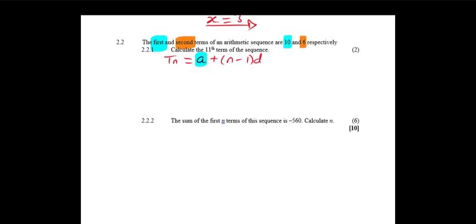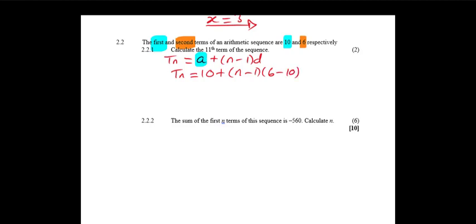Now the nth term is equal to 10 plus n minus 1 times d, but we calculate the 11th term of the sequence. Since it's an arithmetic sequence, d is the second term minus the first term.